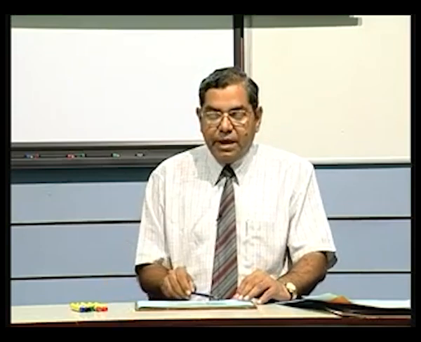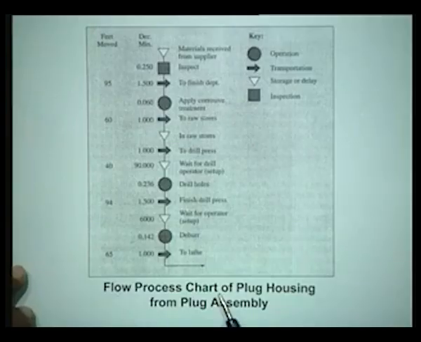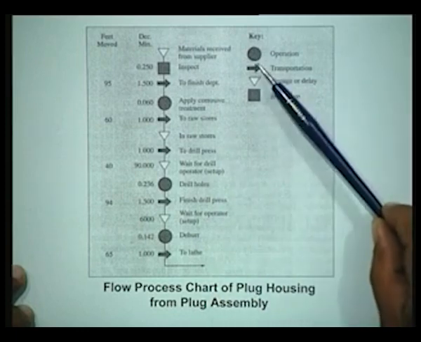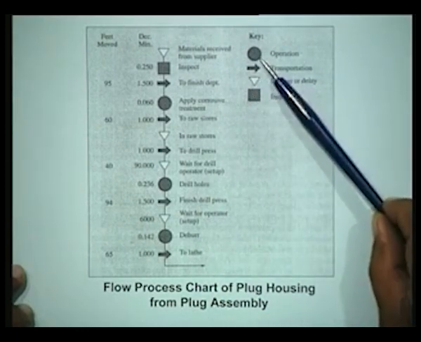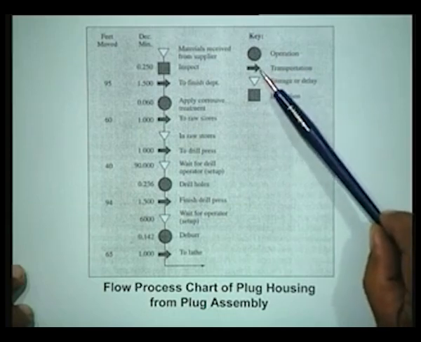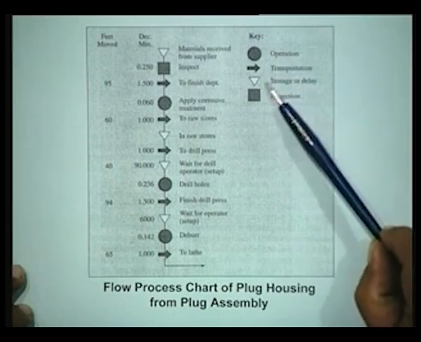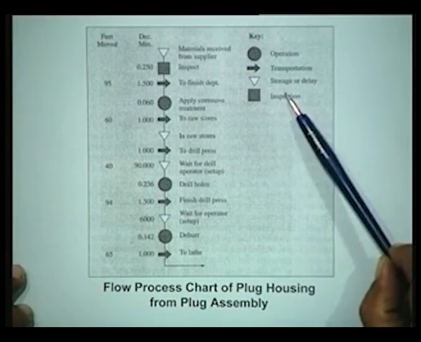This particular diagram is called a flow process chart. In a flow process chart, essentially we are using the standard industrial engineering symbols of circle for operation, transportation, storage or delay, and an inspection.